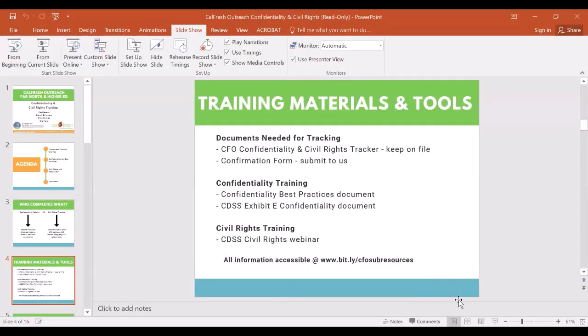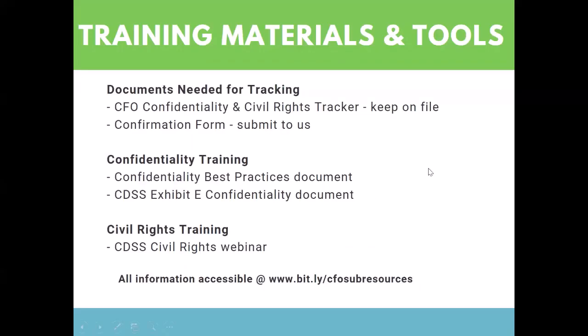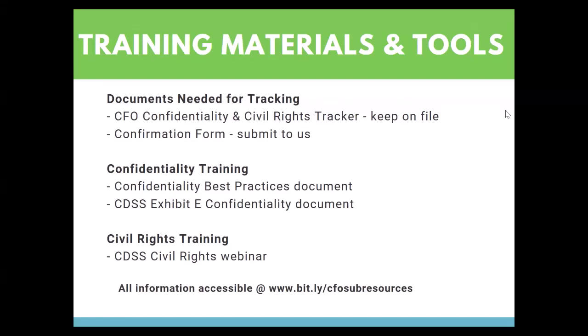You'll see that there are documents needed for tracking outlined there, which we're going to talk about in a minute, and you can click on those links to pull them up yourself, to follow along. And then we also have specifically the confidentiality training and the civil rights training documents available as well. So feel free to follow along if you would like.